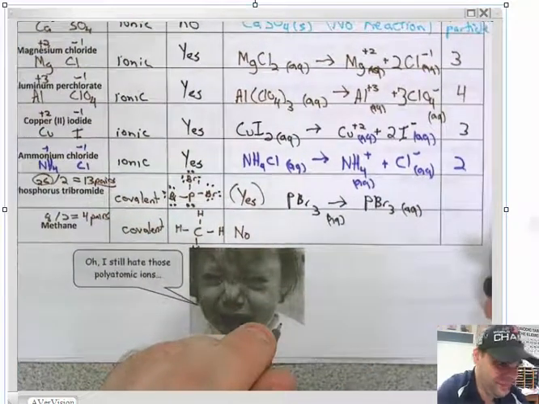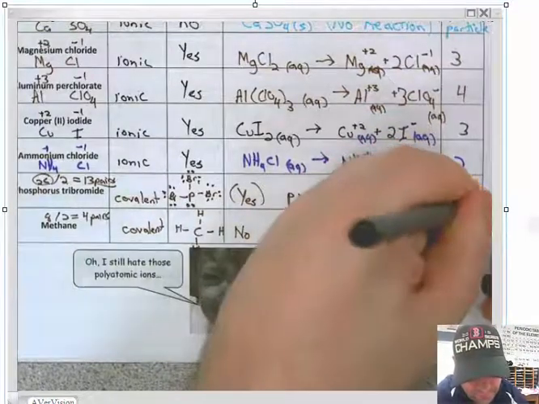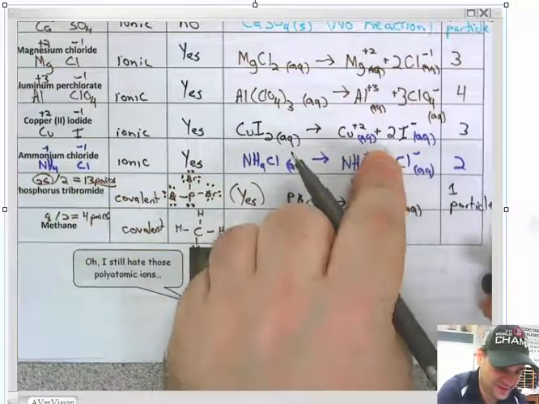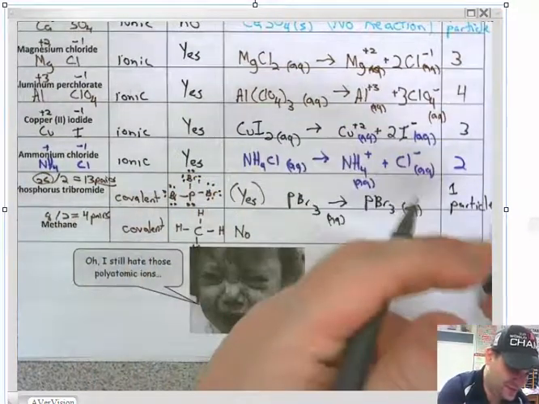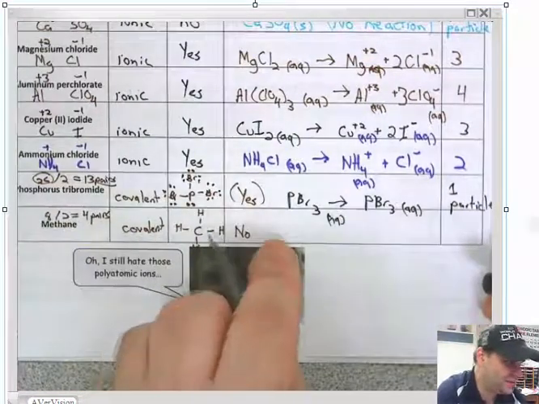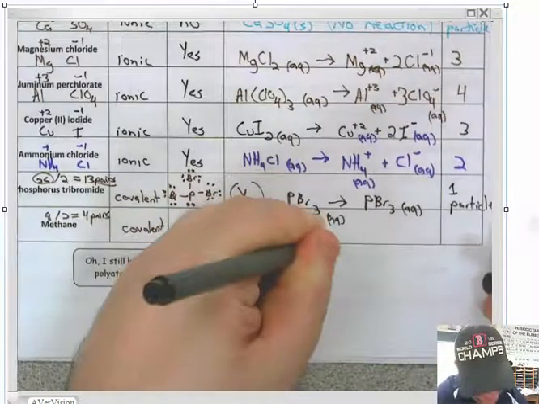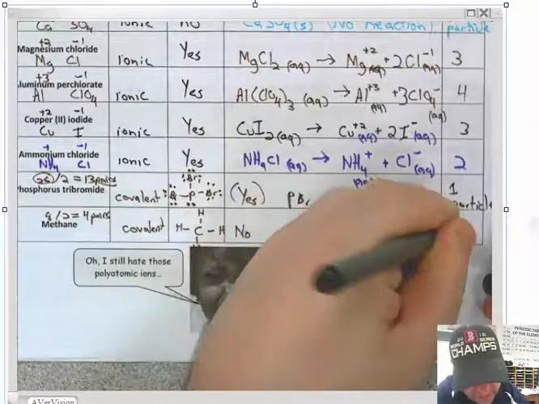Okay? And this is one particle to me. To dissociate, you have to have ions, right? It has to be ionic, acid or base, and it has to be soluble. Here it's soluble, but it's not ionic. And then this one right here is not even soluble, so there is no reaction here. And I'm going to put X's here.